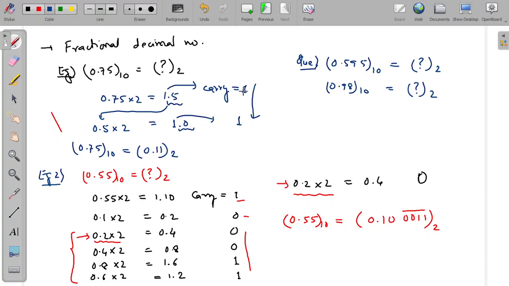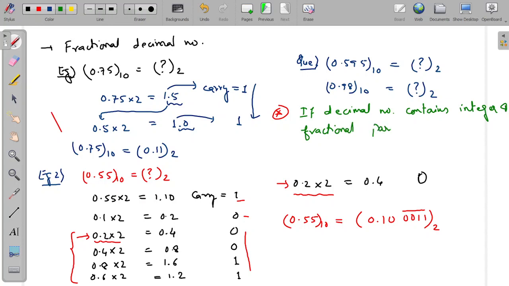Okay, so the point here is, if a decimal number contains integer and fractional part both, then what will you do?